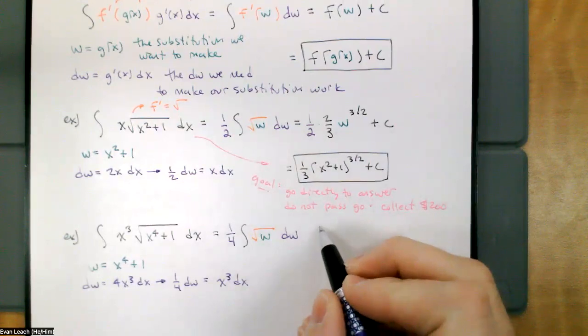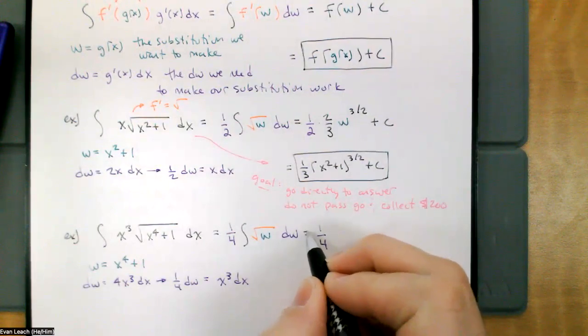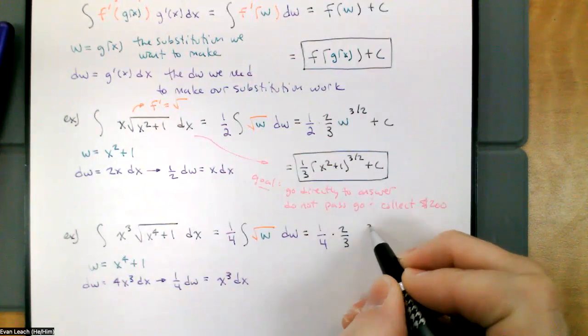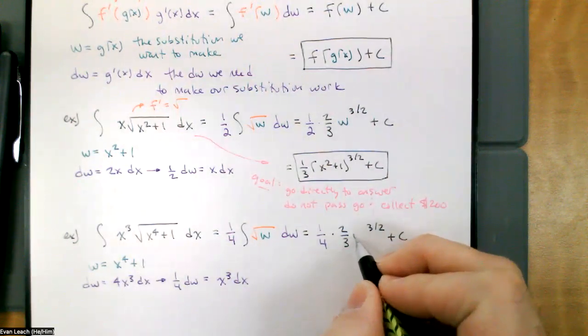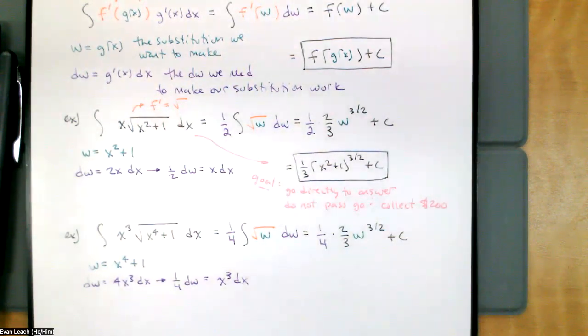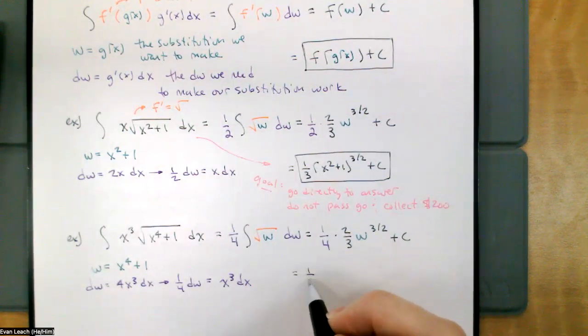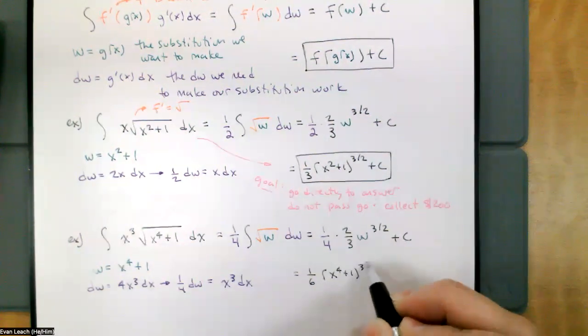That 1/4 follows along when we integrate. But the integration part is the same. There's still a 2/3 W to the 3/2 power. So here, 1/4 of the 2/3 is going to be a 1/6. And we have x to the 4th plus 1 to the 3/2.